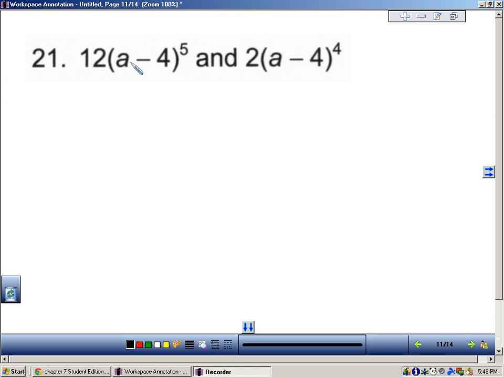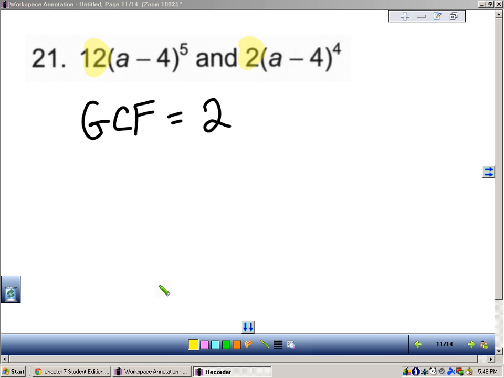Lots of questions like this that we're practicing so we can get used to it. 12 and 2, greatest common factor is 2. Our expression, the common factor they have is a minus 4. And the lowest power, 4.